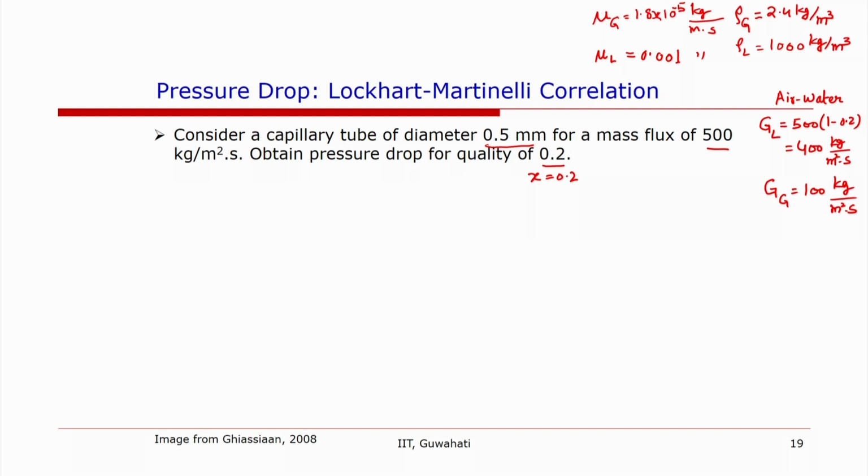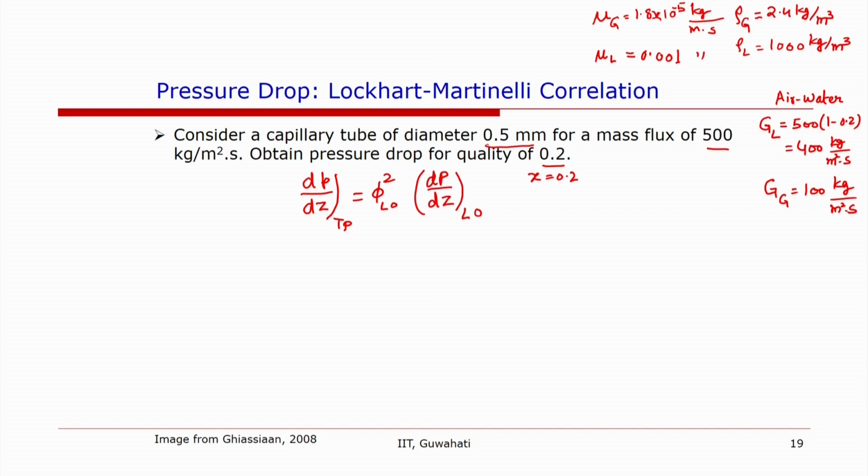So now to obtain the two-phase pressure drop, remember the pressure drop that we will obtain using this is only the frictional pressure drop. So that will be equal to phi liquid only squared, the two-phase multiplier, into dP by dZ, the liquid only pressure drop.